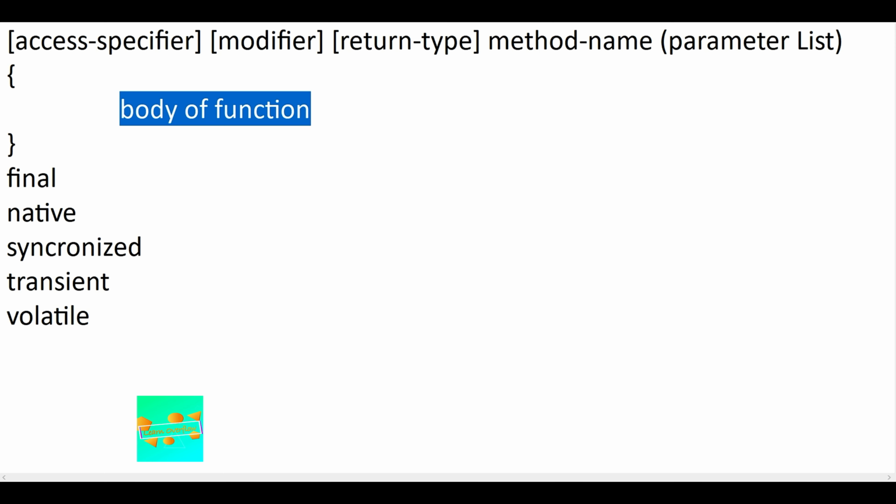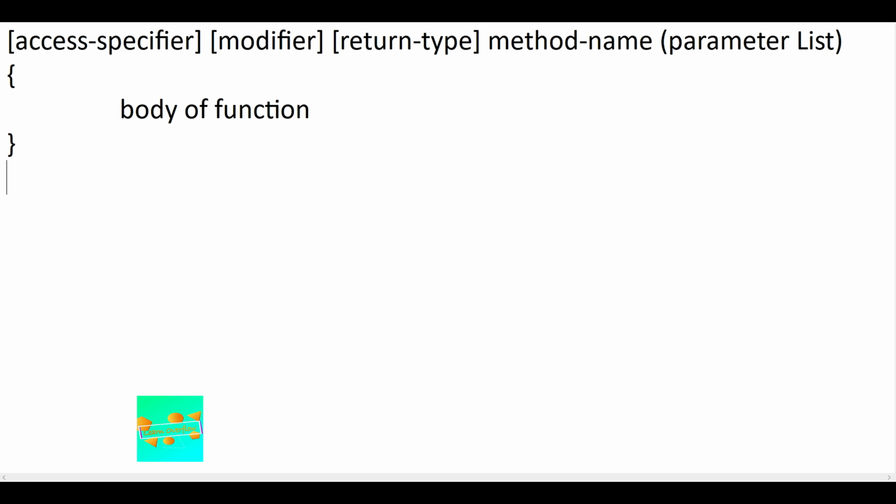The next thing is the return type. Return type is basically the type of data that the function would return. Maybe it can be integer data, it can be string data, or it can be no value, that means it doesn't return any value at all. So return type is basically any valid Java data type.